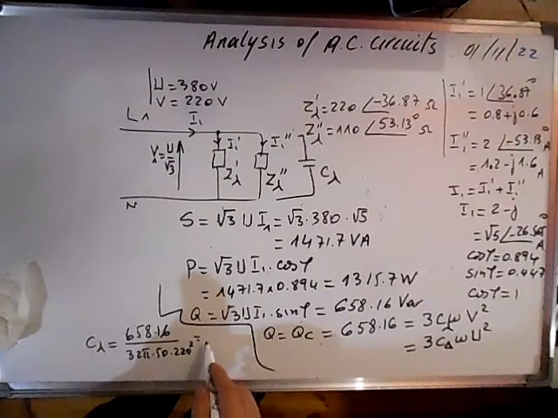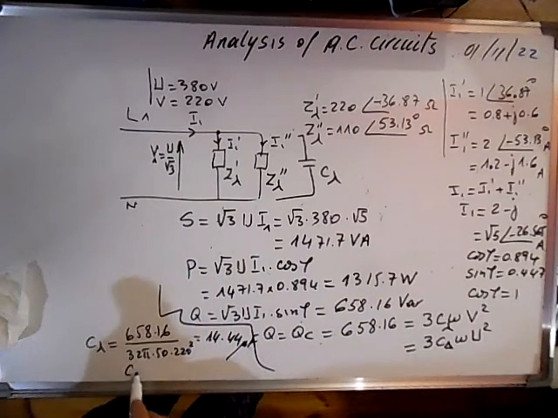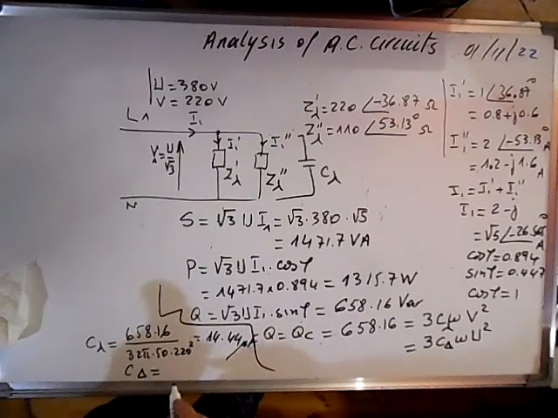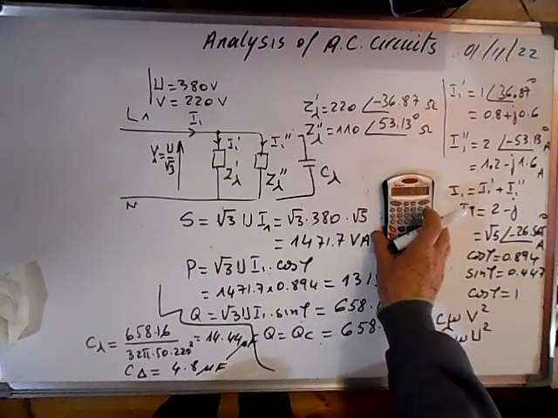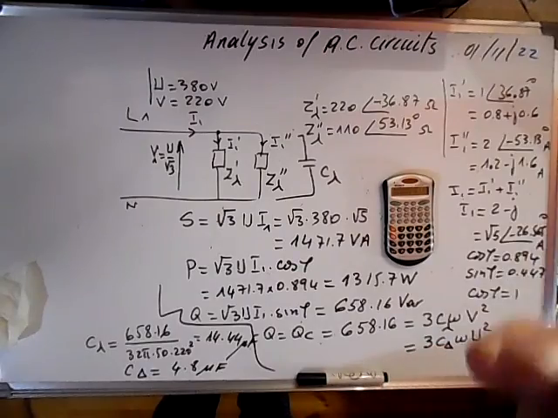This is 14.44 microfarads, and C connected in delta should be 1/3 of this, which means 4.8 microfarads. That's it. We have calculated everything, and I thank you for your attention. Thank you.